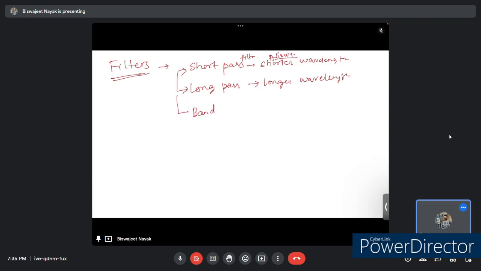Like in electronics, here in light also, there are proper filters that can be used to allow a certain band of wavelength of light desirable to us.